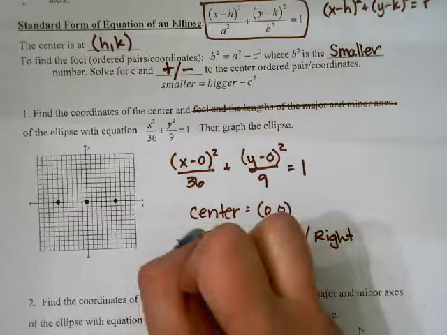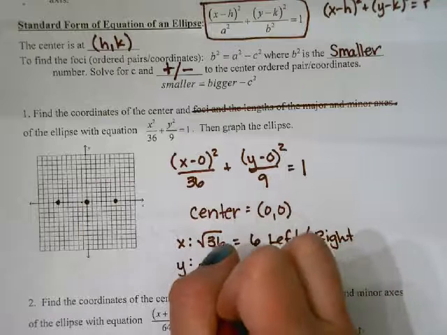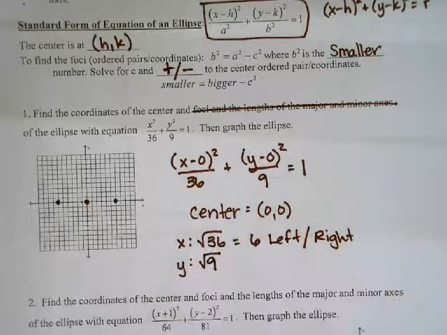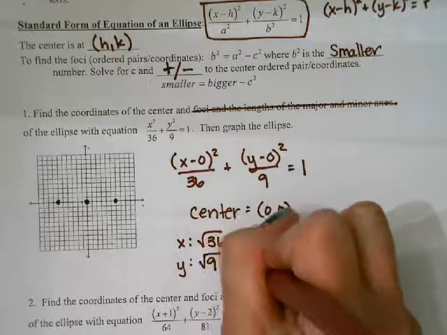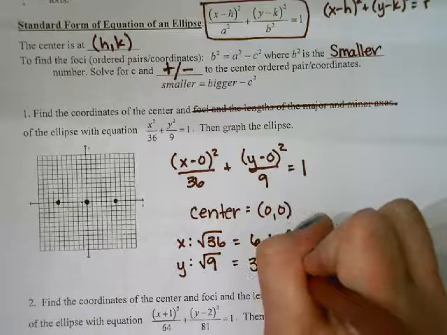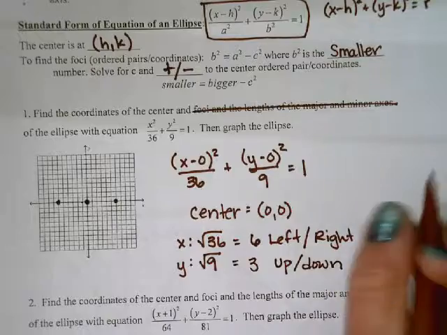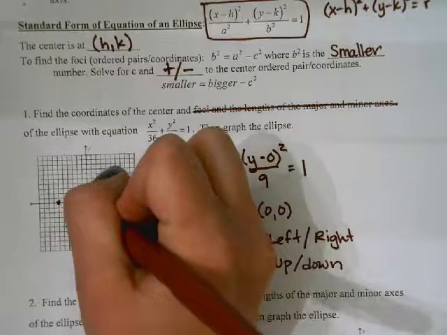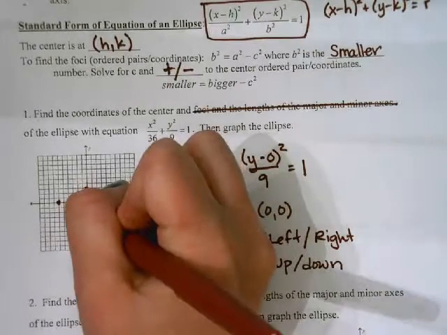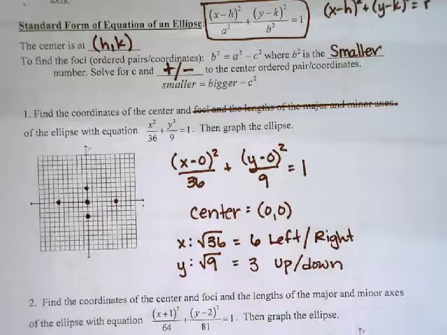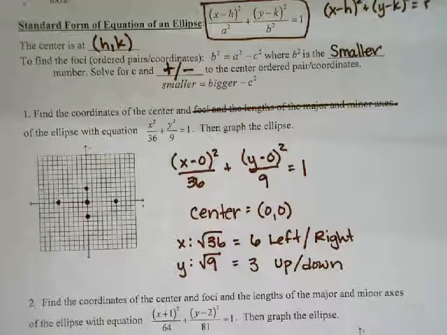Okay, in the y direction, I'm going to go the square root of 9. The square root of 9 is 3, so I'm going to go 3 up, 3 down. So the denominators tell us how to make that shape.